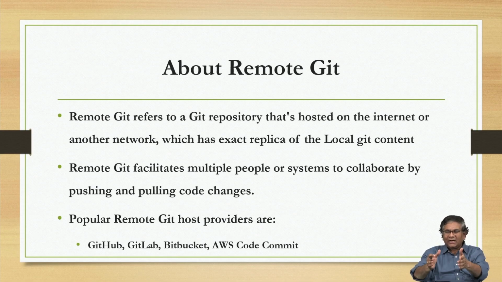Even if remote Git is not there, you still have your local repository, and everybody who is using this repository has the same copy of the repository, right? So that's pretty much what it is. Now, popular remote Git repositories are GitHub, GitLab, Bitbucket, AWS CodeCommit. These are some of the popular ones. In this presentation, I'm focusing more on GitHub.